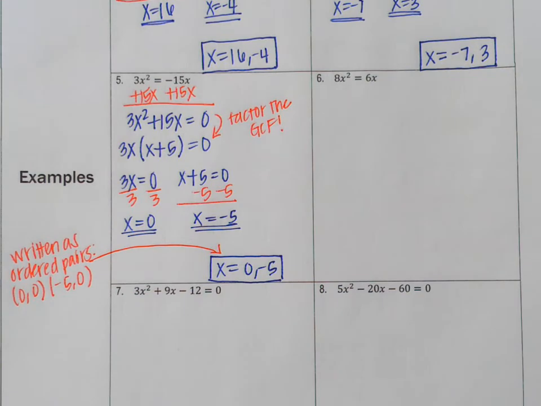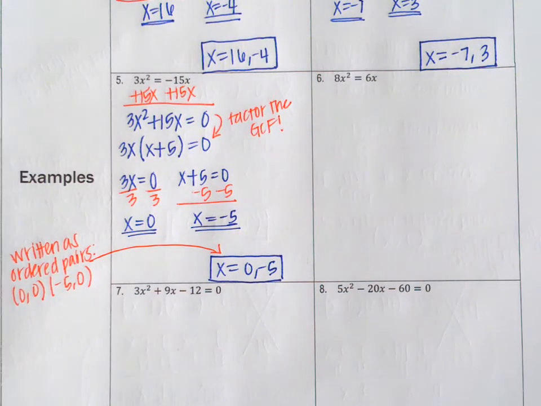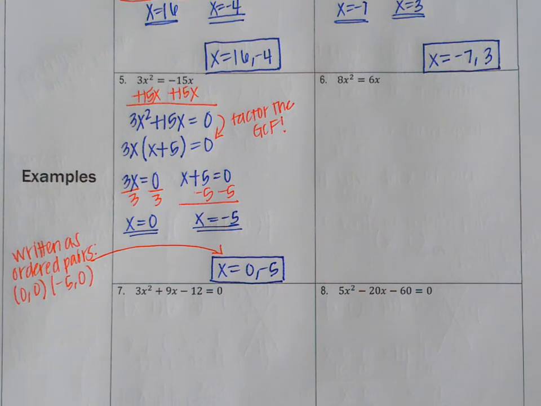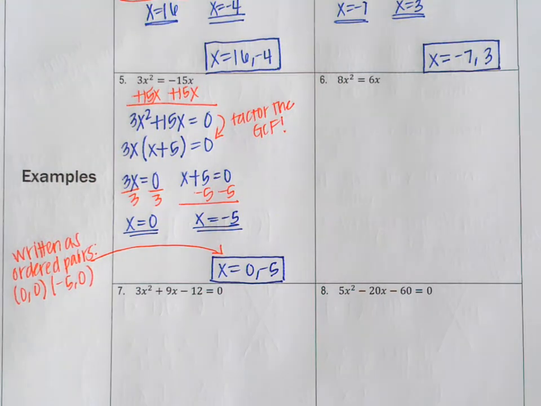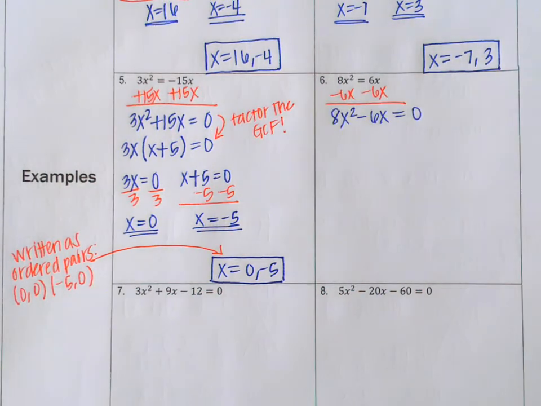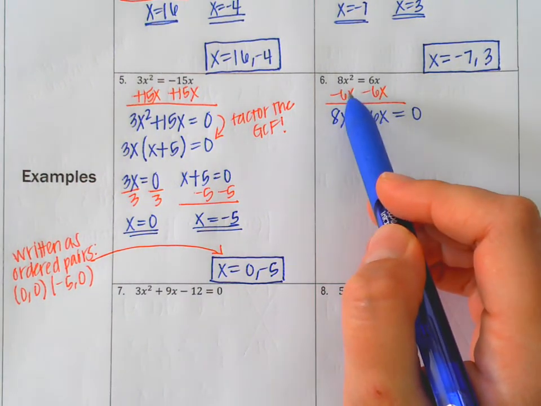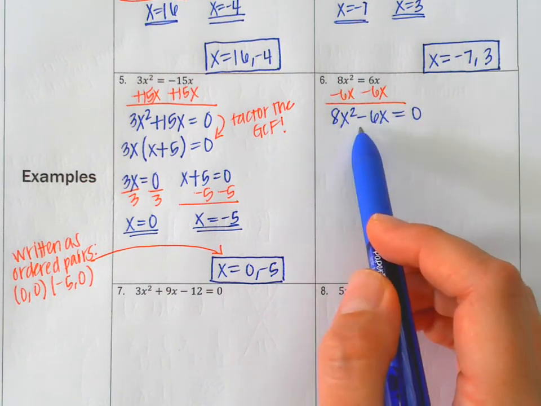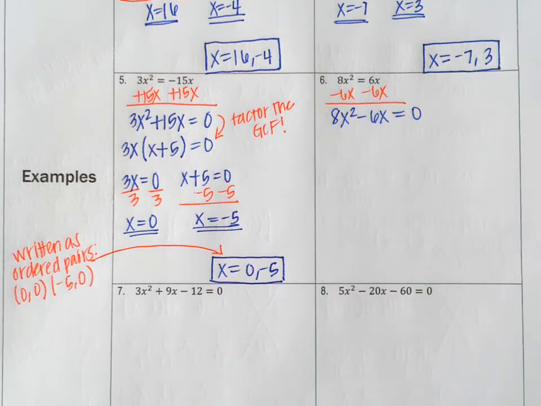Okay, so you should be coming back. Your first step for number 6, always, always, always, is you want to make sure that the equation is set equal to 0. So all I did was I moved the 6x to the other side of the equation. Those couldn't combine, and so now it's set equal to 0.